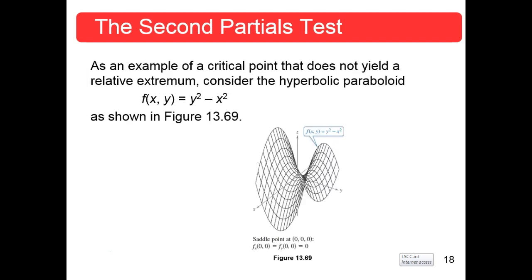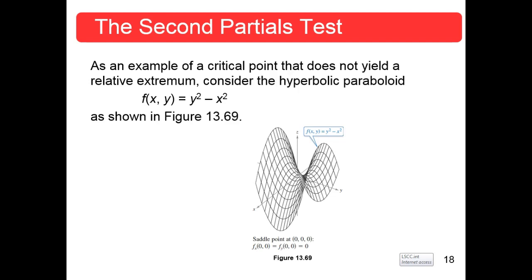Okay? And here's one such example. Here is f of xy is equal to y squared minus x squared. Now, if you think back, this is your z. Z is equal to y squared minus x squared. Well, z is equal to that would be a parabola. Z is equal to that would be a parabola in the other direction.